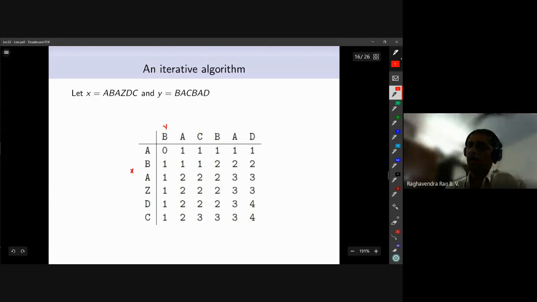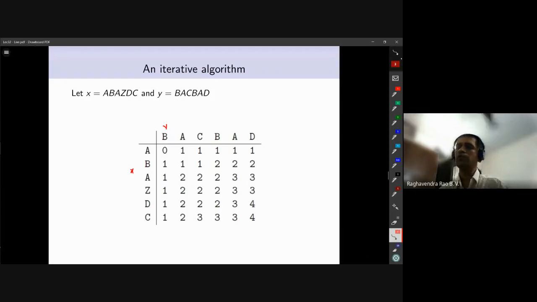Now this is LCS(1,1), this is LCS(1,2), this is LCS(1,3), this is LCS(1,4), and so on. This is LCS(2,1), 22, 23, 24, and so on. So this will be LCS(3,3), and this will be LCS(3,5).